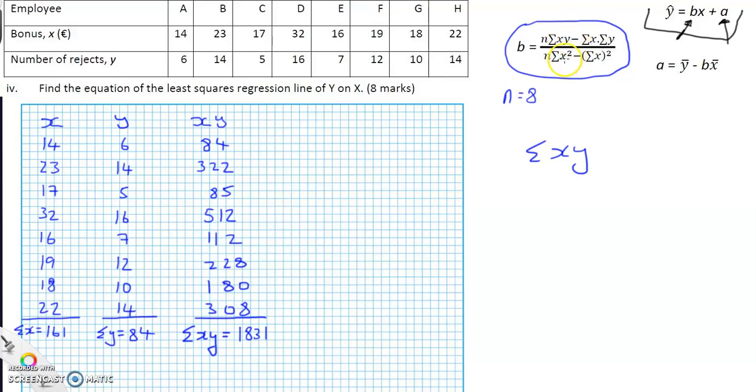Now we need the summation of the x squareds.